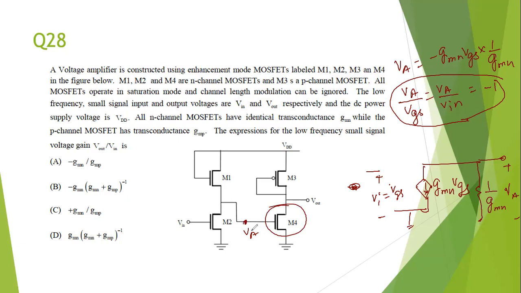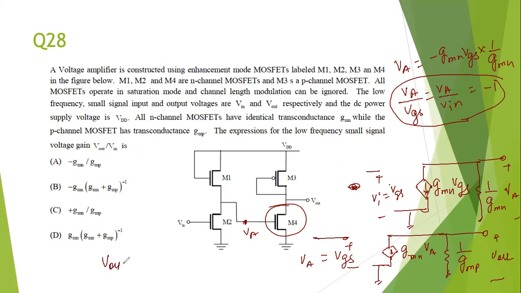Now what is the equivalent circuit for M4? This is your gate to source potential VGS, which is equal to VA. Now this is GMN into VA, and this is 1 by GMP. This is not GMP, this is GMN, because this is an NMOS transistor, and this is your V output.